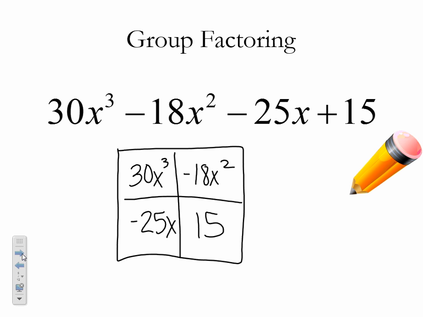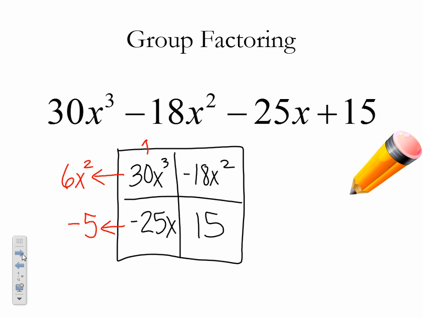And 15 here. We once again divide out of every row and column the greatest number and variable that can be divided out. So 30 and 18 can both be divided by 6, and they can both have an x squared taken from them, so 6x squared. This row, negative 25 and 15, can both be divided by 5, but I'm going to take a negative 5 out here because that row starts negative.